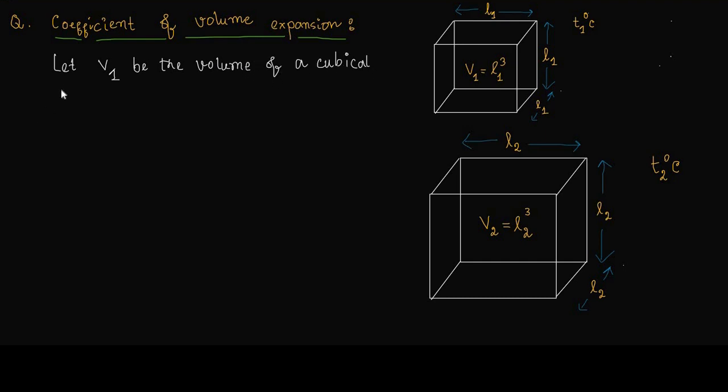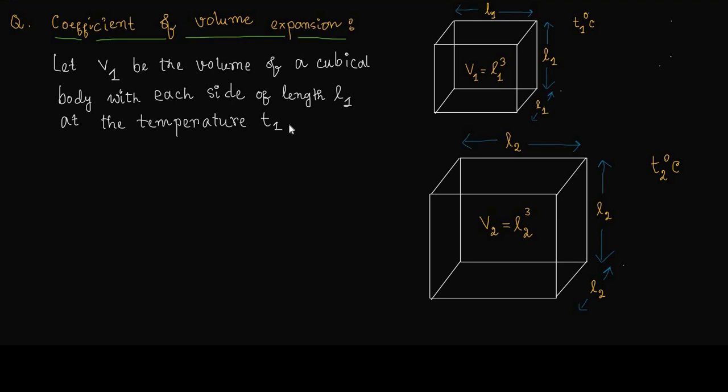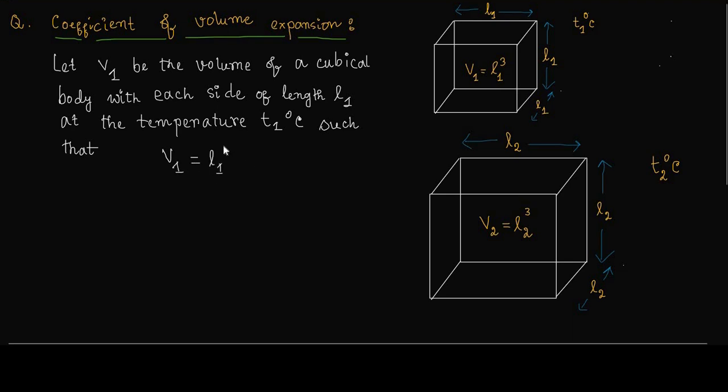Let V1 be the volume of a solid cubical body with each side of length L1 at the initial temperature T1 degree C, such that V1 is equal to L1 to the power 3, or L1 cube.